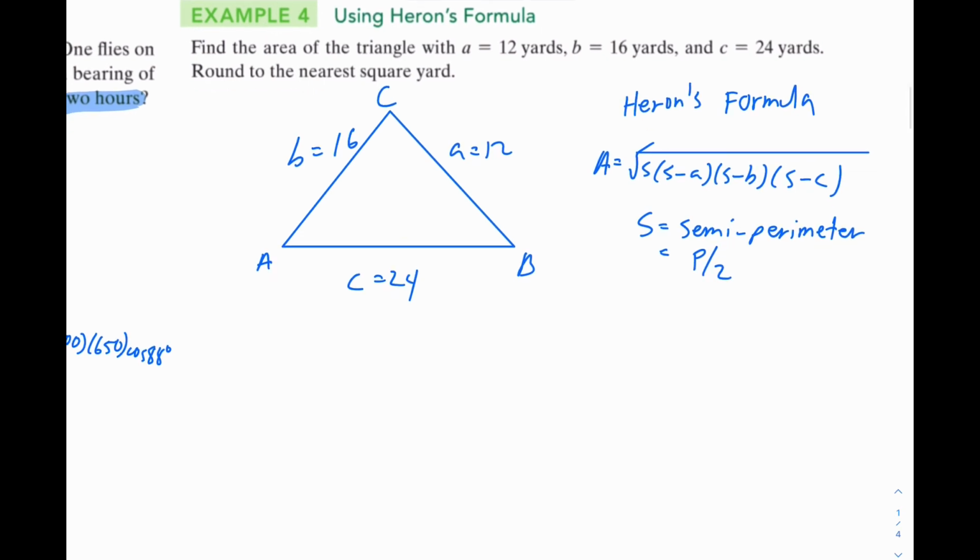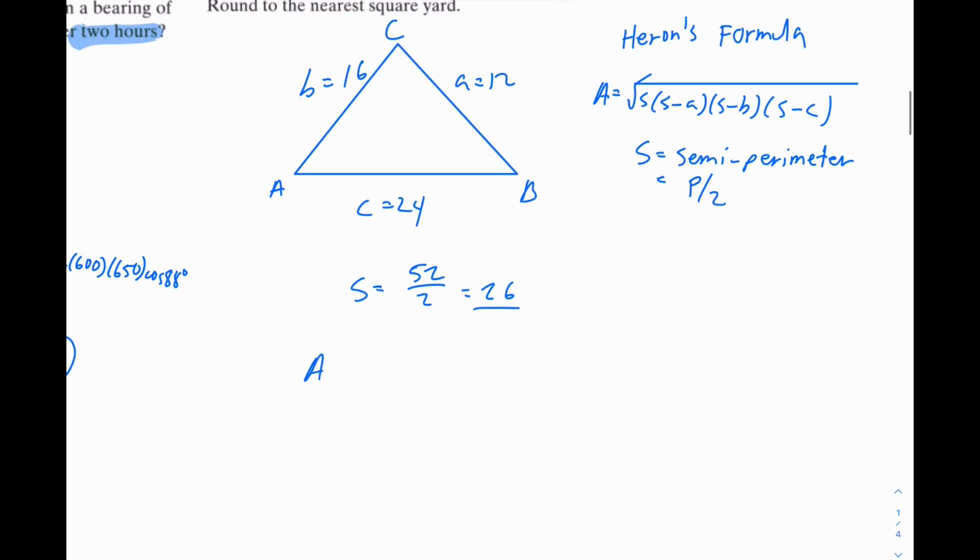So to do this, we first find S. So the perimeter of this, if you add that all up, that's 52 divided by 2 is 26. Now apply the formula. We want the square root of 26. And now just do 26 minus each of the legs. So 26 minus this leg, that should be 10.